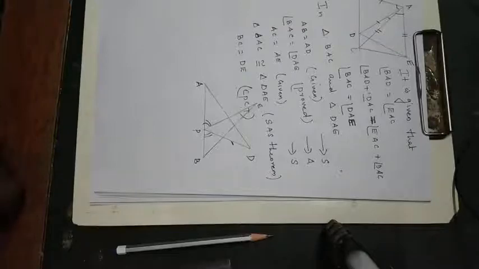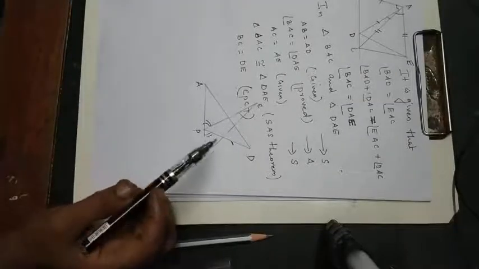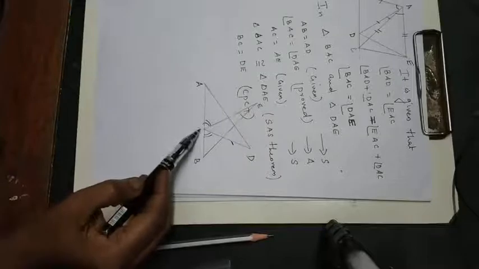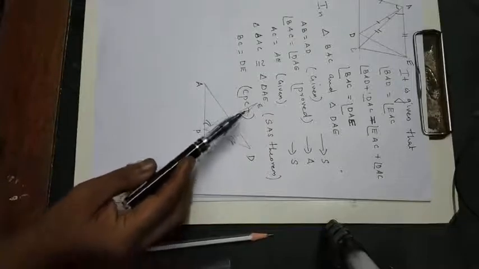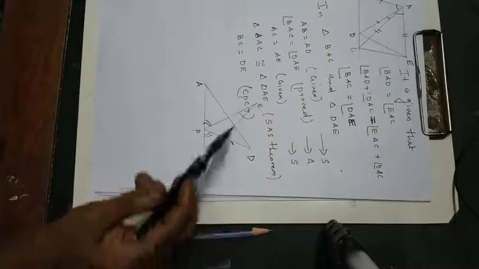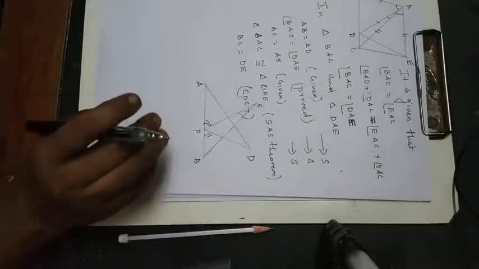Here you have to show that triangle DAP is congruent to triangle EBP. Both are congruent, that you have to prove.